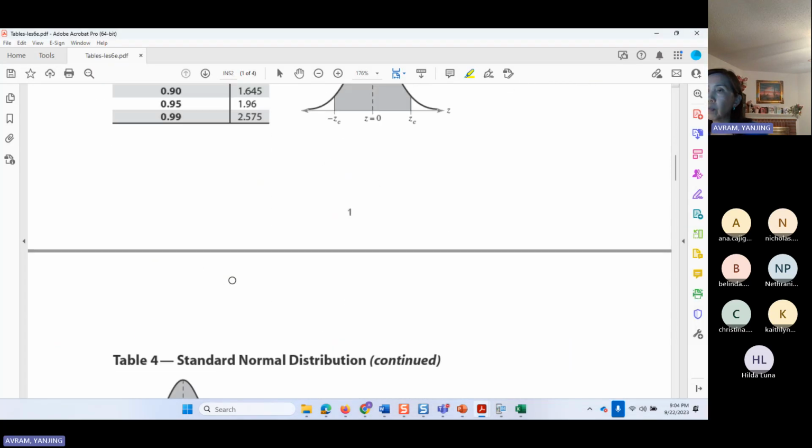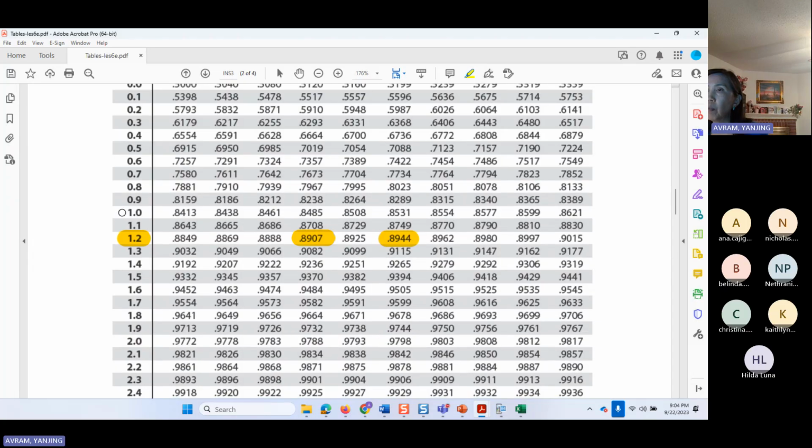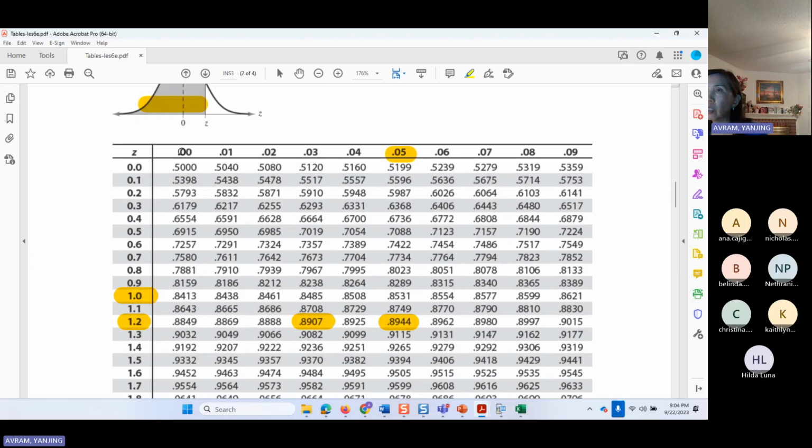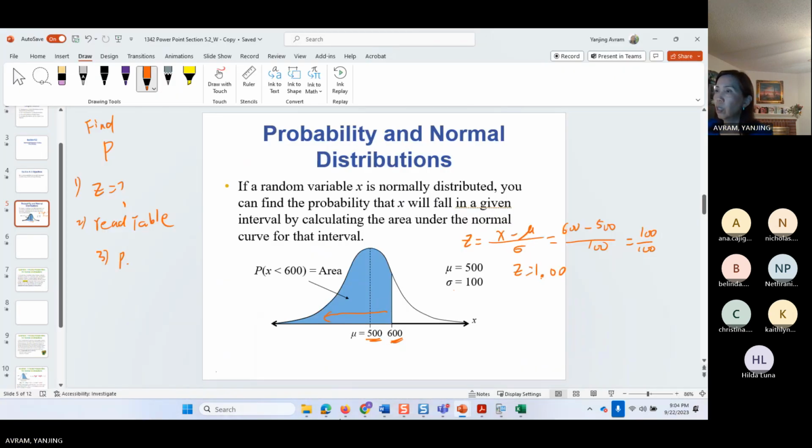1.00 is positive. So I have 1.0 right here, and then look at that, this is 0.00. So 1.00 is this one, 0.8413. So the probability of x less than 600 is equal to the probability of z-score less than 1.00. I converted the x value into a z-score.